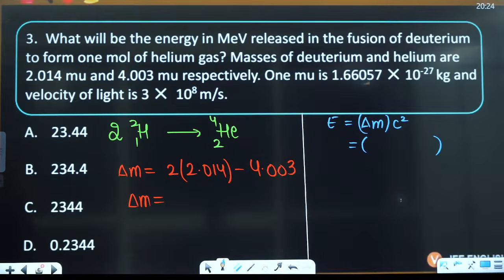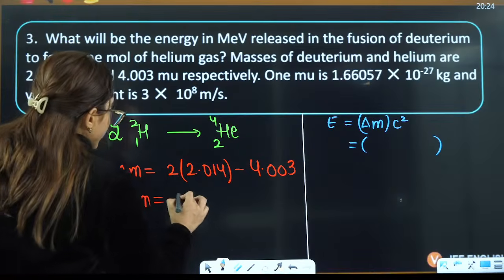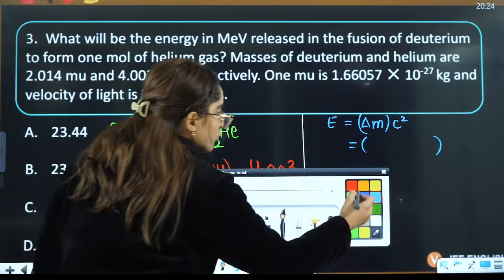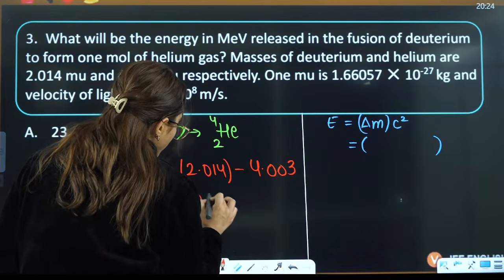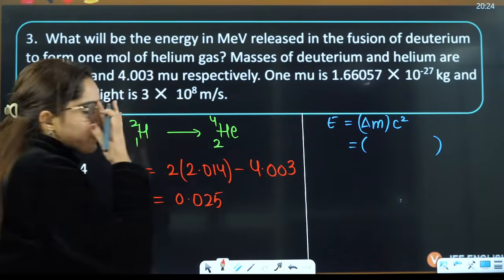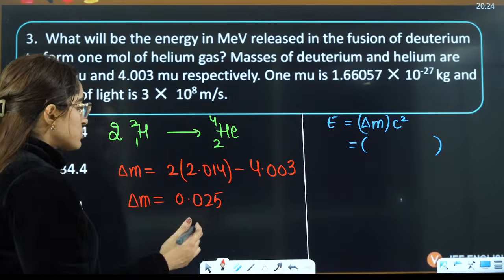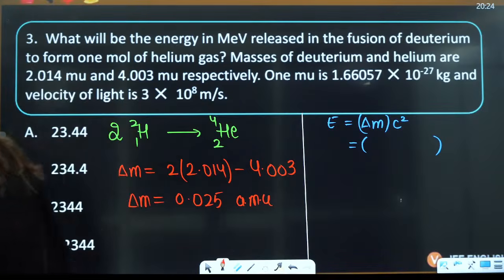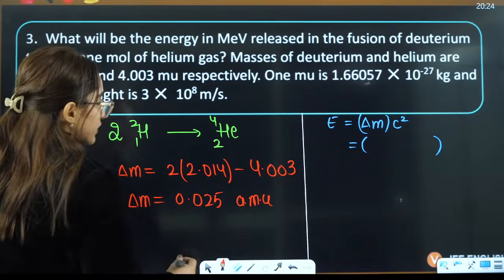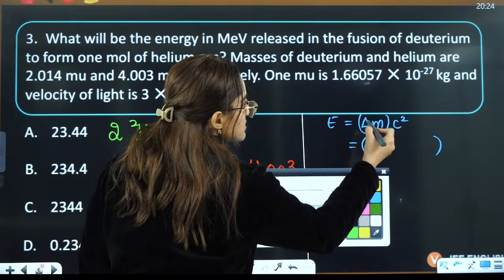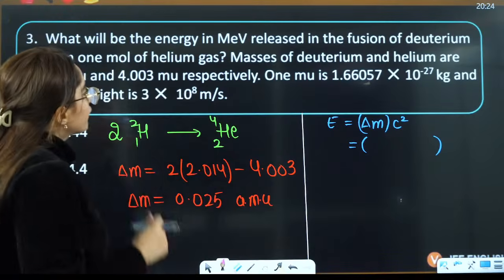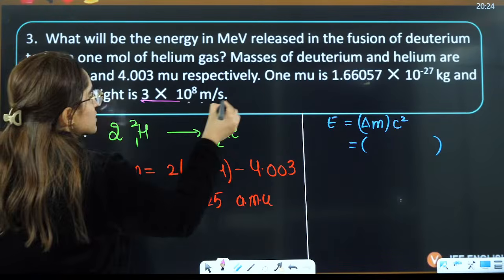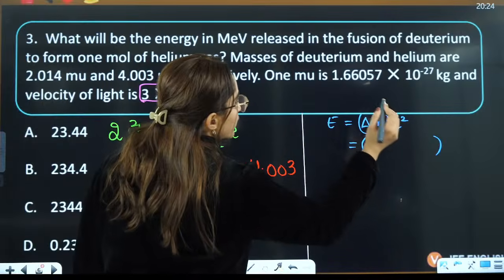Yes, that is going to be 0.025 AMU, because we are talking about atomic mass unit. Now firstly I'll have to convert this, this is delta M. The velocity c is 3 into 10 to the power 8, that you will put here.